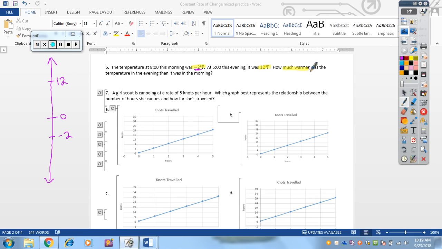The question is how much warmer? So you want to know the distance from 12 to negative 2. Is that going to be more than or less than 12? If it's going to be more than 12, you're adding the two numbers. If it's going to be less than 12, you're subtracting the two numbers.